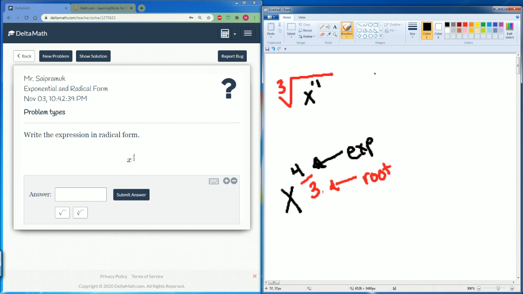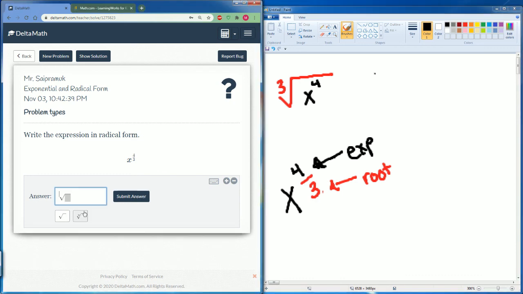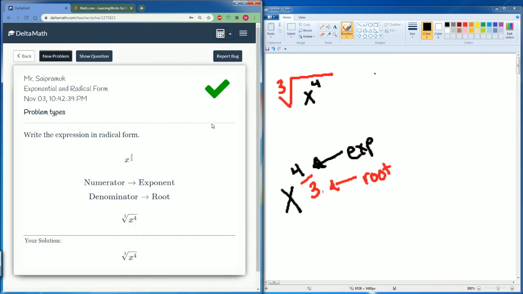So this is a 4. Okay? So x to the power of 4 divided by 3, it is the third root of x to the fourth power. So you press that, you put in 3, x to the fourth power. There you go. So that is exponent and radical form.